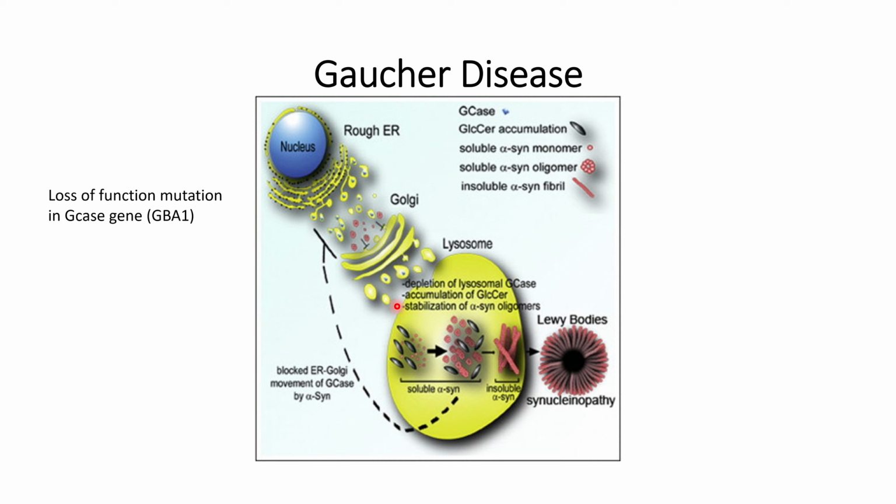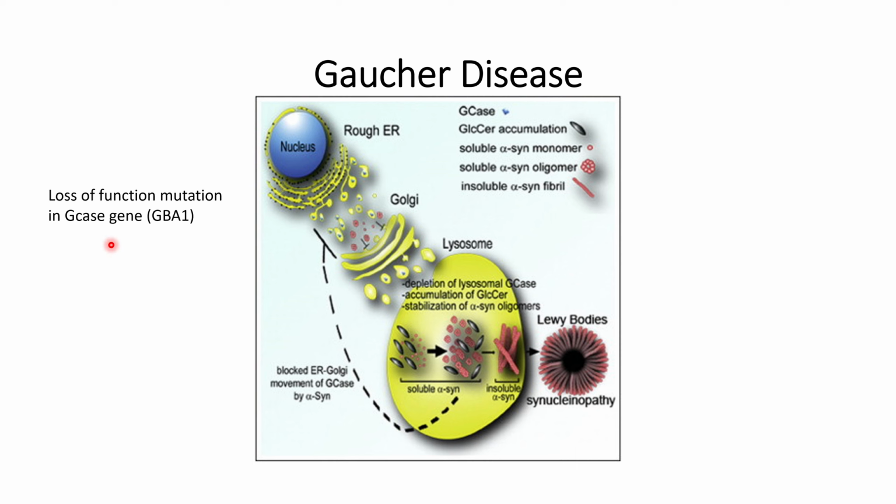A frequent outcome the patient observes is a depletion of lysosomal GCase because of the cascading, or positive feedback, effect of the increase in soluble alpha-synuclein, and the accumulation of glycer will increase within the lysosomes.